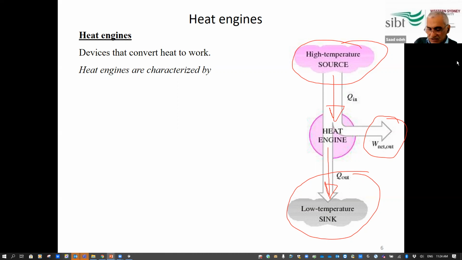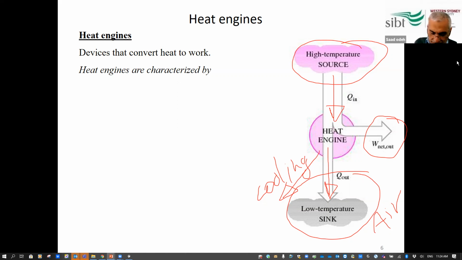So there are two parts actually. One of them to the surrounding air, and the other one to the cooling water. But both of them at the end will go to the surrounding air, because the cooling water will be cooled by the air again. But just to show you that we have to remove heat to the surroundings in any engine.